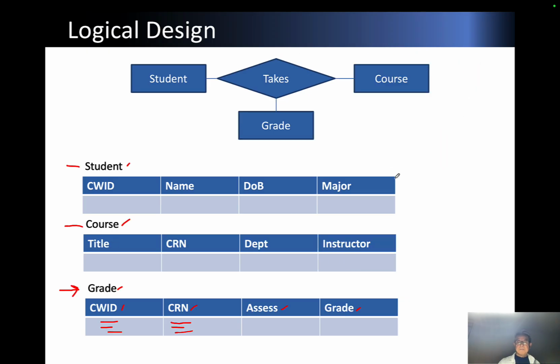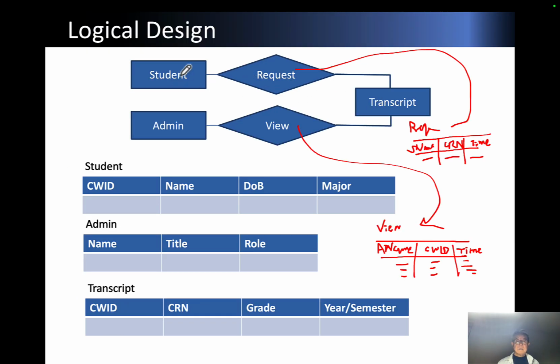In the previous one, this takes relationships or some information about this relationship. This is represented in one of those records, right? So they are represented by this grade. So they are related. But here in this case, students, admin, and transcript are all independent tables. Therefore, this request diamond is converted to its own table.